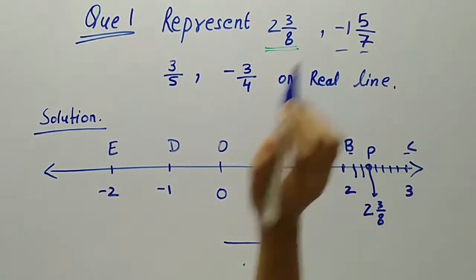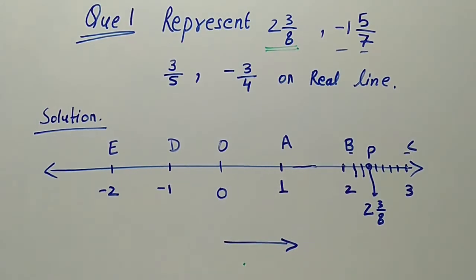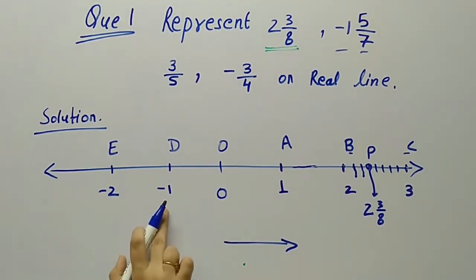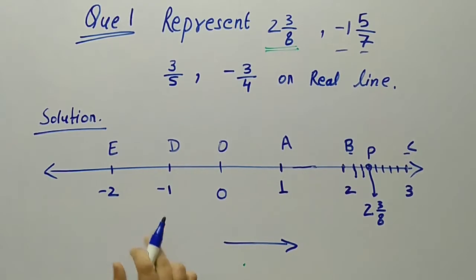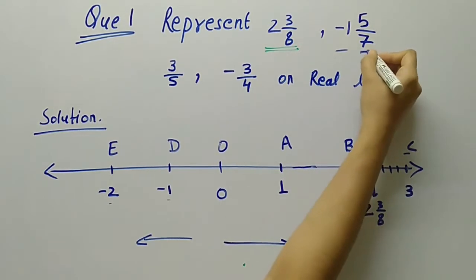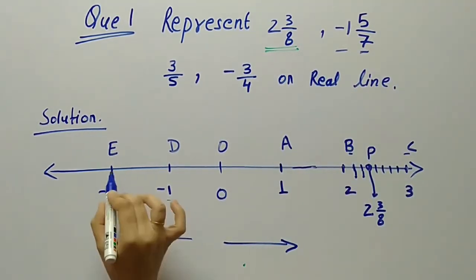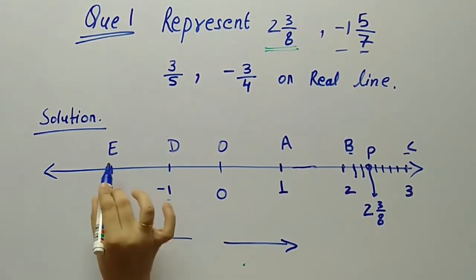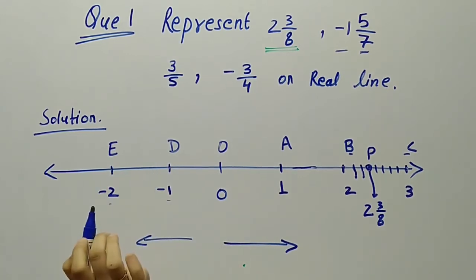Now we will represent minus 1 5/7 on this line. So my minus 1 5/7 lies on the left hand side of 0, and it lies between minus 1 and minus 2. And as there is 7 in the denominator, so we will divide DE in 7 equal parts.